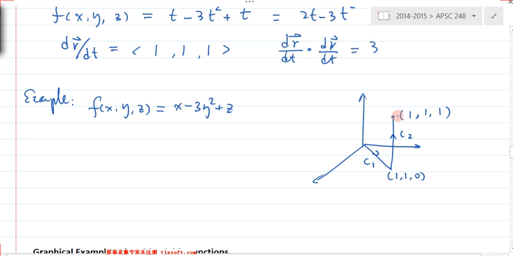This is the formula: if you have a C which is C1 plus C2, you integrate C1 and C2 separately and then add them up. If you have more than 2, you just keep adding.